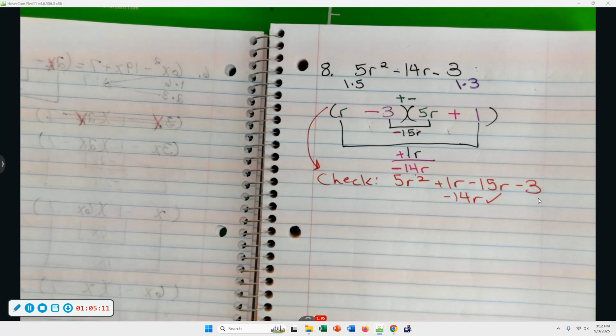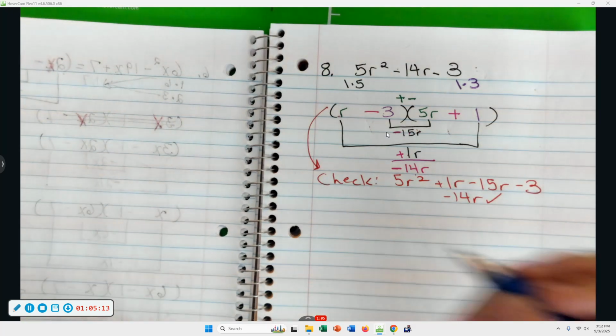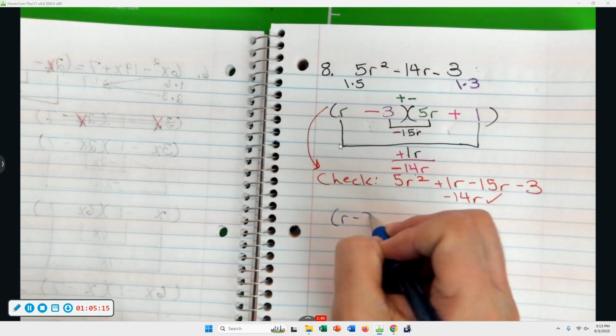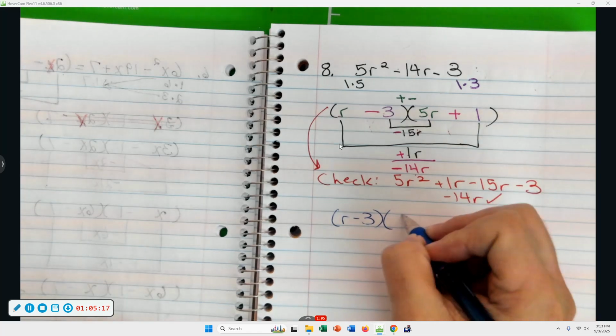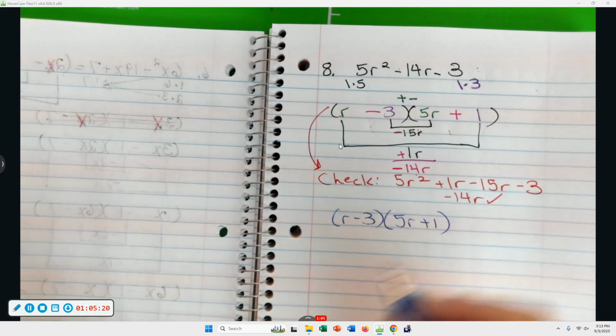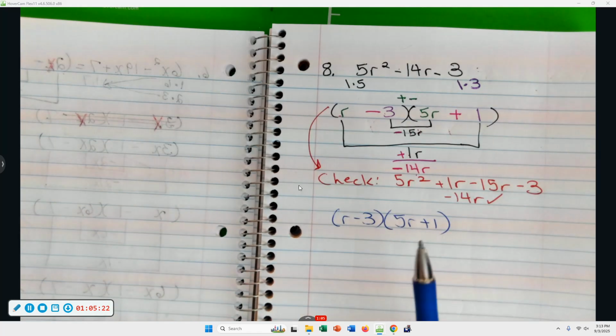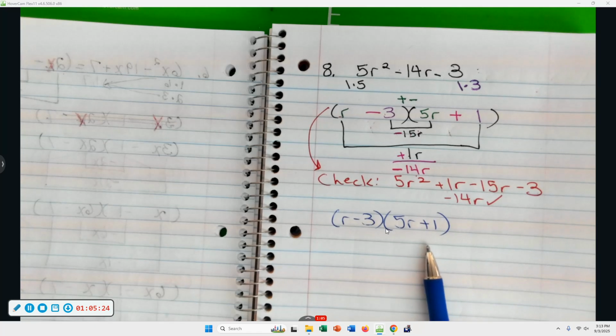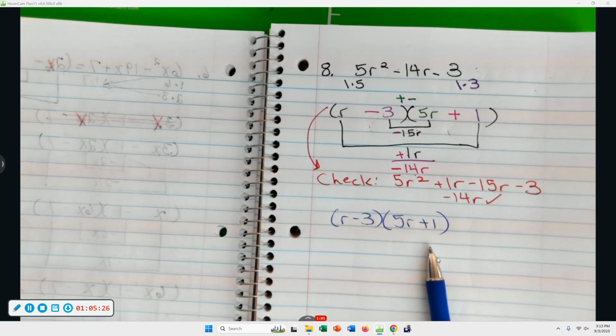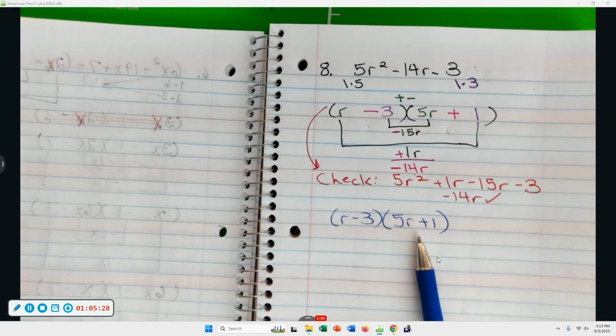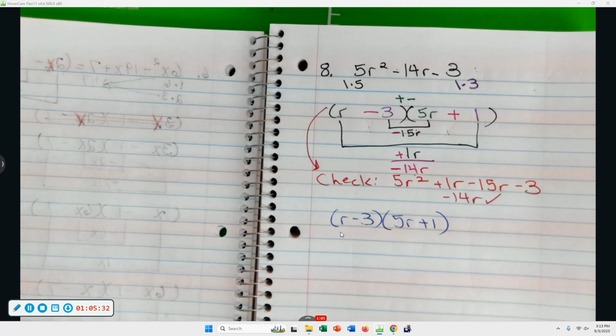So our factorization, I'm going to clean it up. It's r minus 3 times 5r plus 1. Suppose I type the 5r plus 1 first. Is it okay to have the 5r plus 1 first and then the r minus 3? Yes.